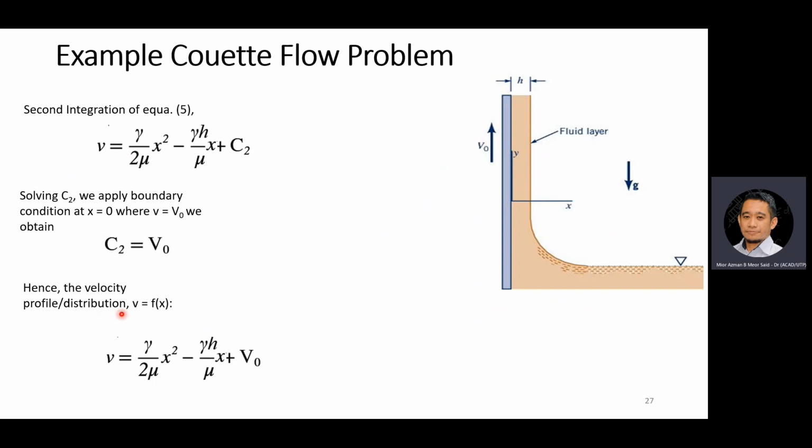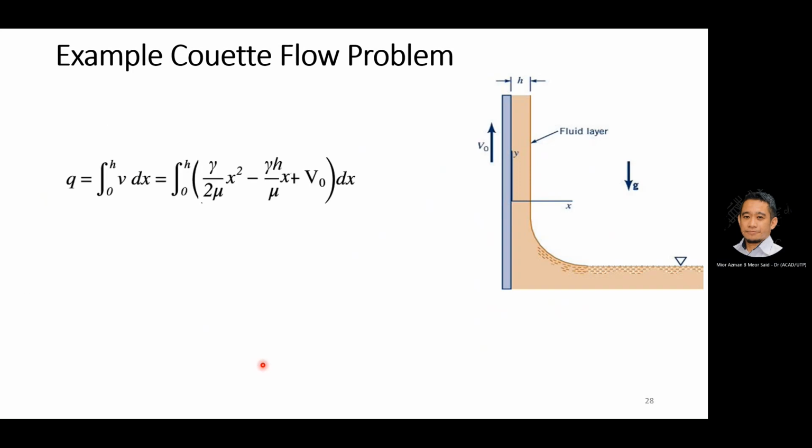Hence the velocity profile, the general form, will be v equals the specific weight over 2 times viscosity times x squared, minus the specific weight times h over the viscosity times x, plus v naught.